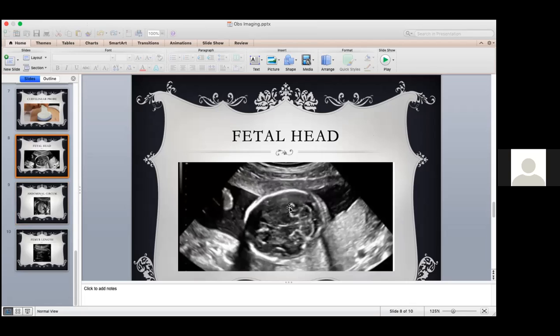The main structure you want to find is your thalamus, so that you're having your interhemispheric fissure in between and your thalamus. If you pick the septum pellucidum, you'll be at the inferior margin of your lateral ventricles, so you'll be lower, and you may not be able to get a nice axial view of the fetal head. But yes, you are able to see the septum pellucidum. Okay, thank you.